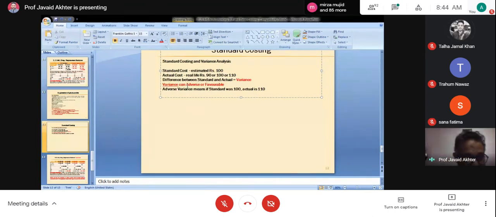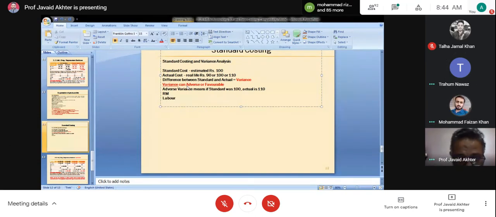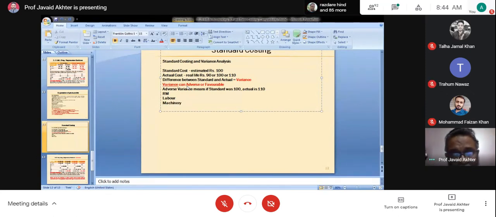Raw materials. Okay, let me write here. Raw material is one. Then? Labor. Okay, then? Machinery. Okay, let me write machinery. Then? Salaries. Okay.